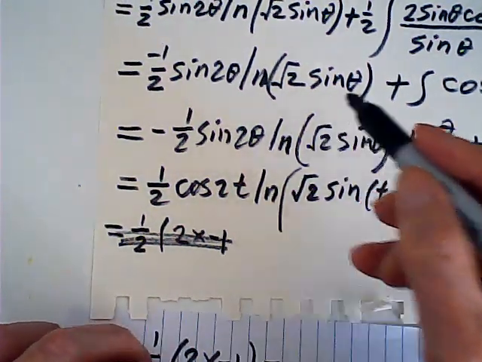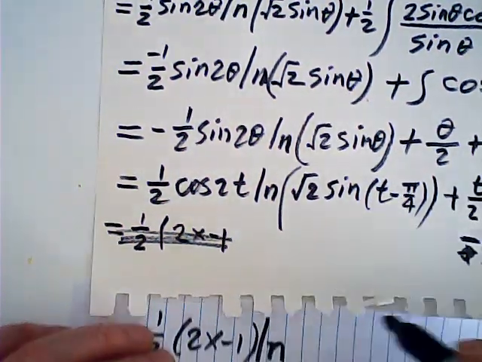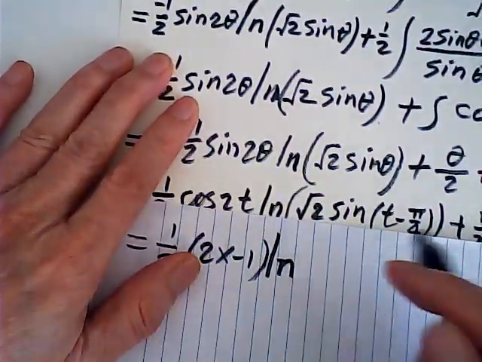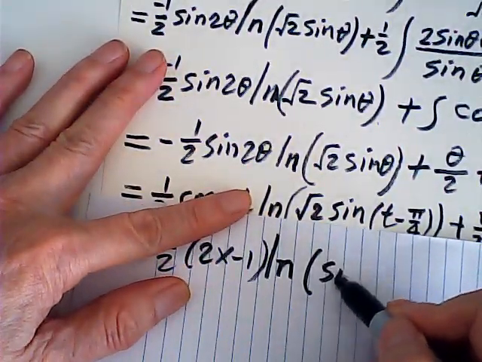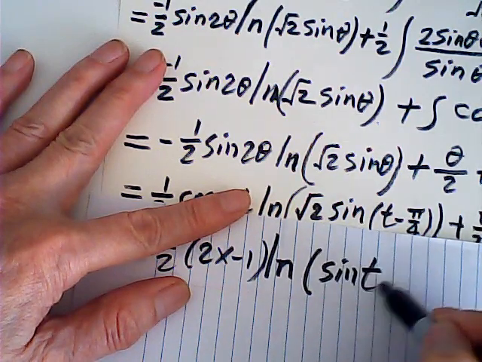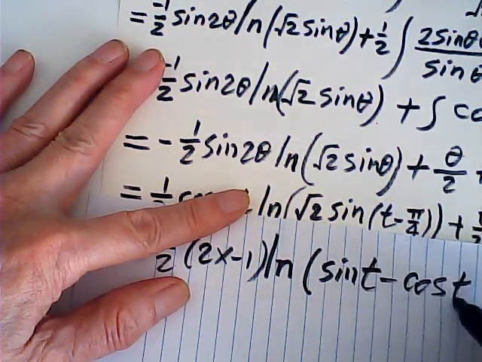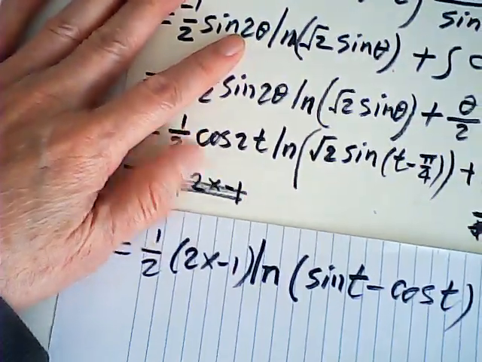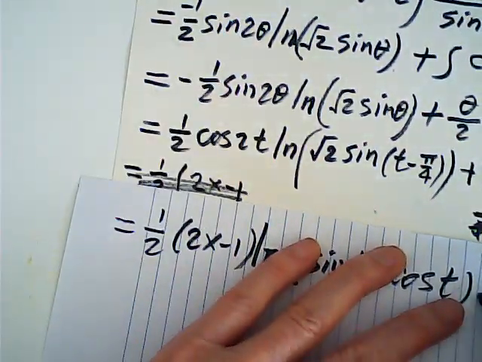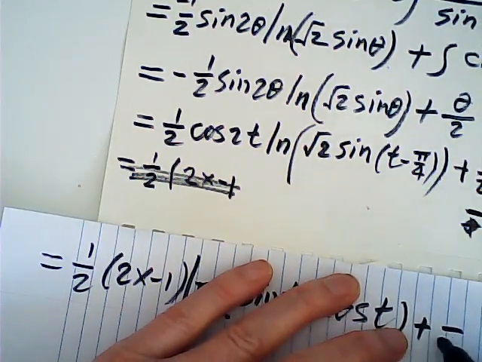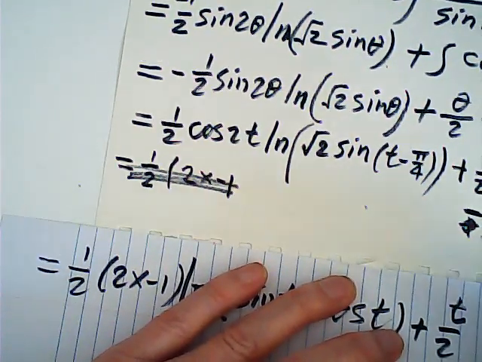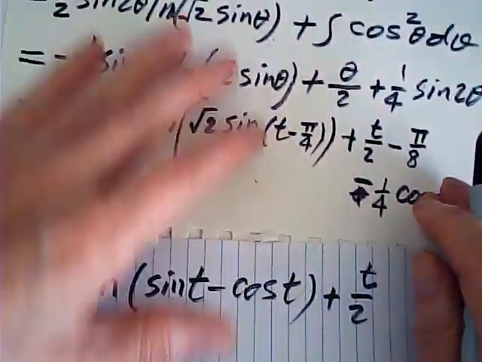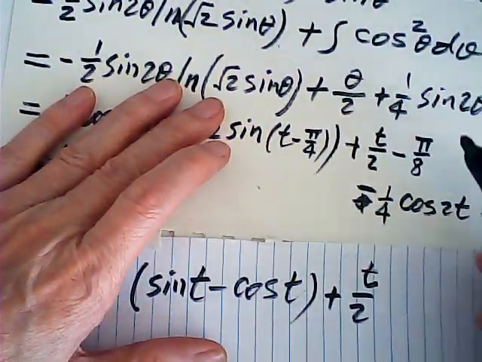So natural log of sine t minus cosine t, and plus half t. The 8th pi I don't need, because I can throw this into c, right?